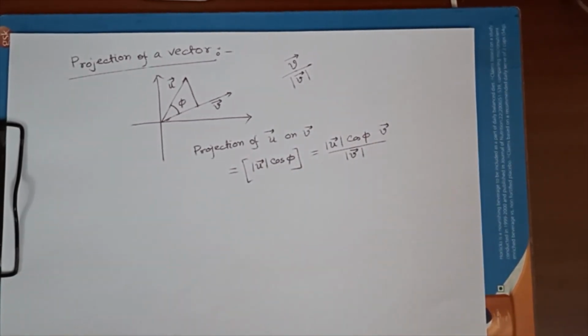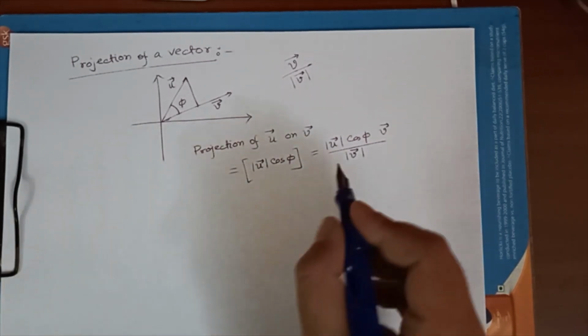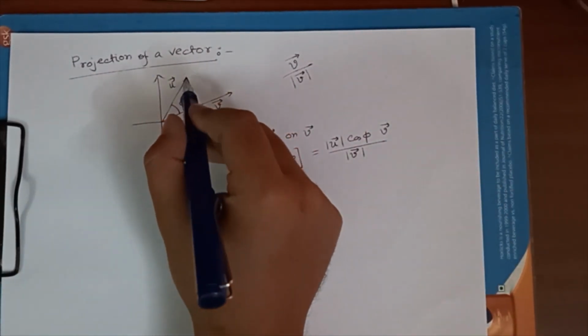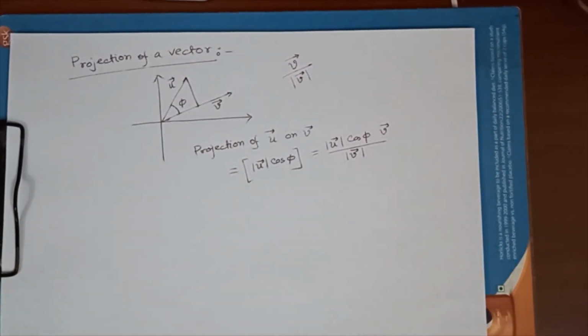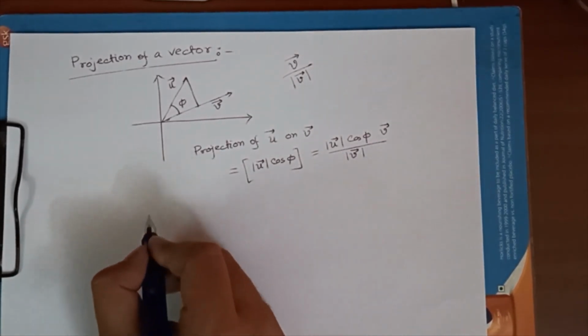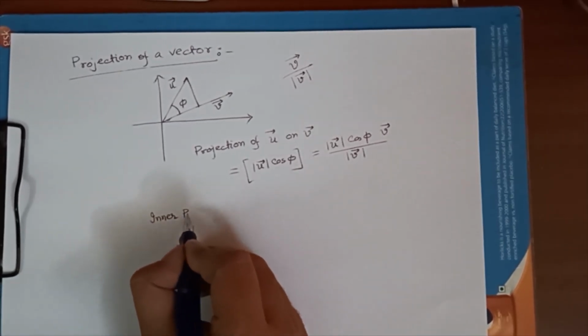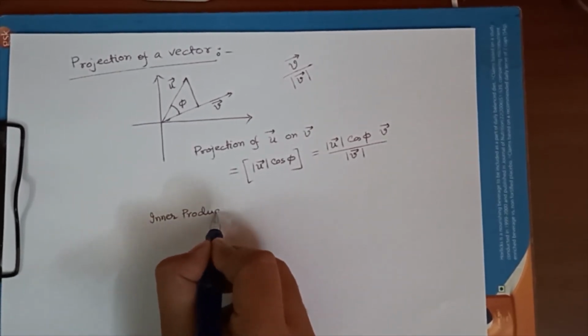Now, this particular concept, how you are computing the projection of one vector onto another, brings up the notion of inner product, which you have encountered earlier. The name was dot product between two vectors.